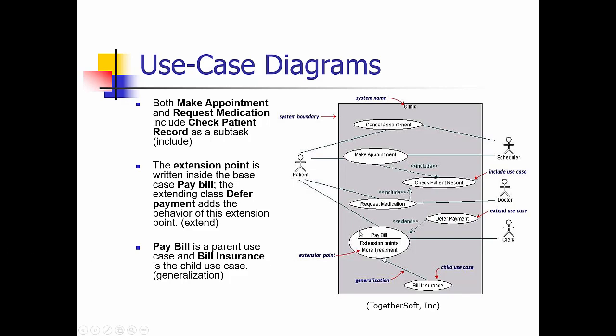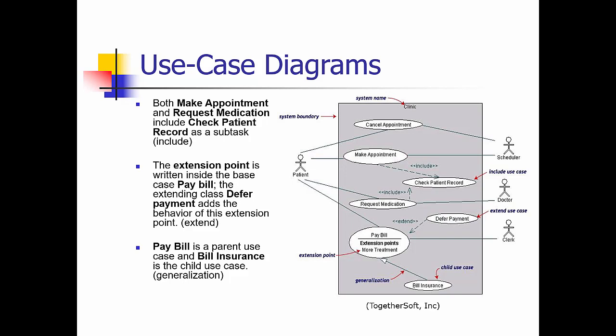Pay bill is a parent, the superclass, more general class, to bill insurance. Pay bill is a parent use case, and bill insurance is the so-called child. There are extension points in pay bill. If they need more treatment, you extend to defer payment.